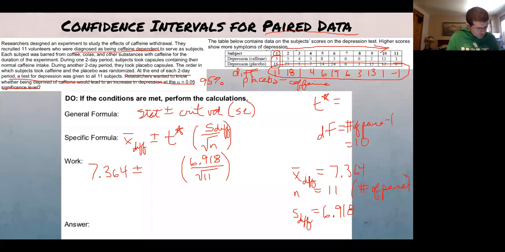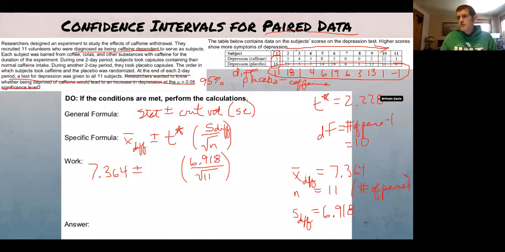I'm double checking on my calculator, but I want you guys to be able to look it up. Okay, 2.228 is the critical value.